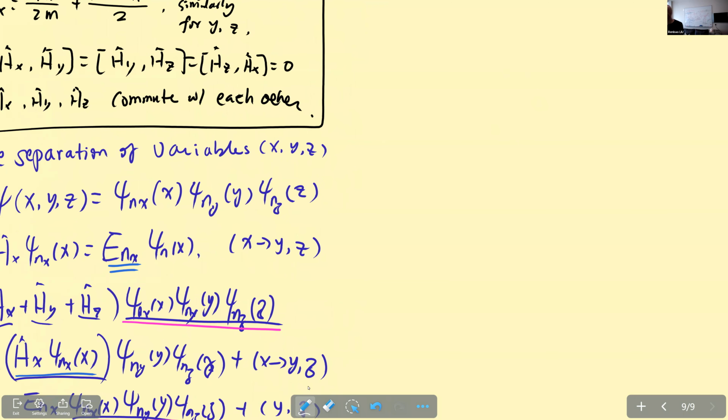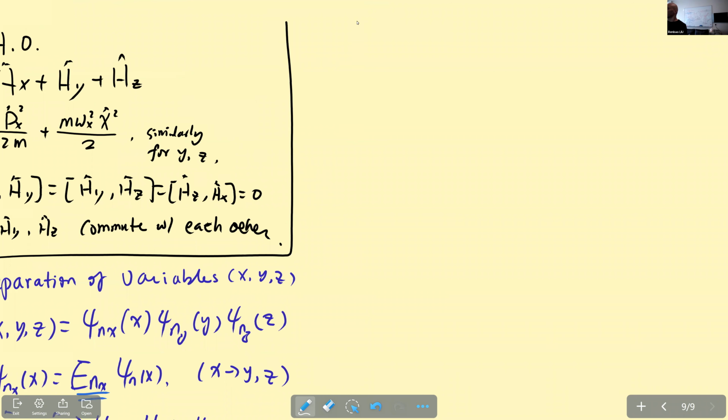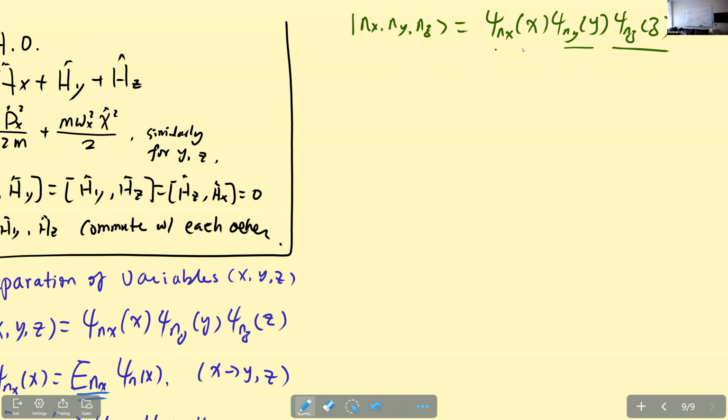Okay. So let me summarize this one. We can denote the state n_x, n_y, and n_z, defined as |n_x⟩_x, |n_y⟩_y, |n_z⟩_z. And these are all the eigenstates of 1D harmonic oscillators, right? So we know how to obtain those eigenfunctions. And then you have the 3D Hamiltonian acting on this |n_x, n_y, n_z⟩.